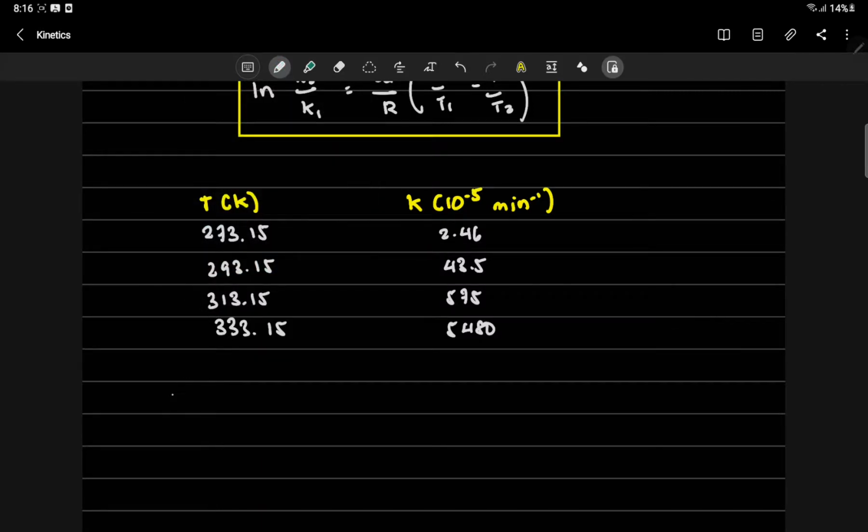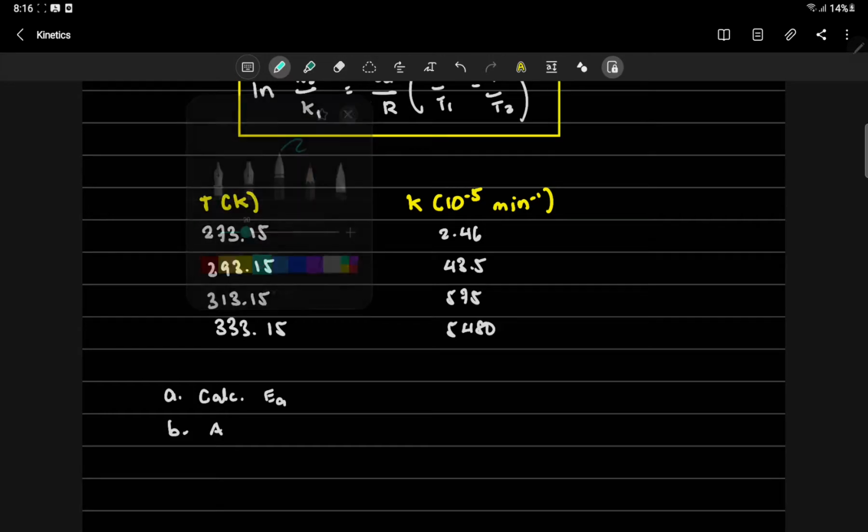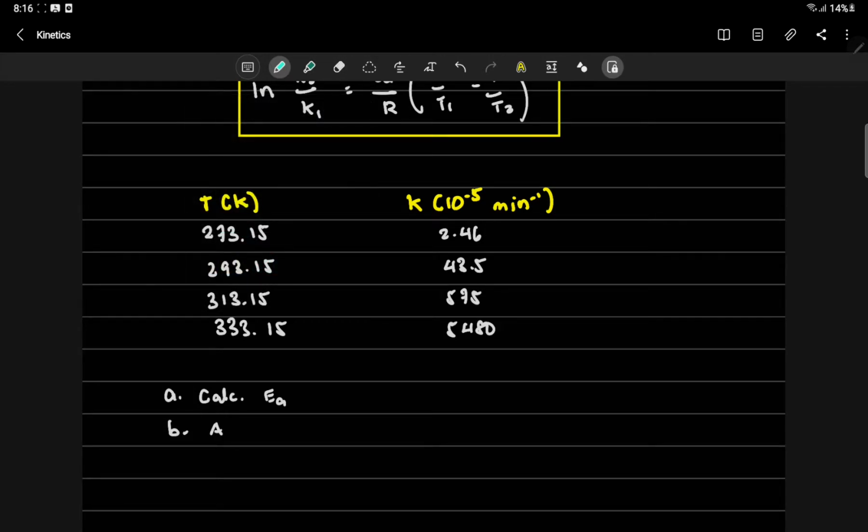So letter A, calculate the activation energy, and B, the collision frequency. Okay, so how do we do that? So, gagawin natin is, we have to plot 1 over T versus ln of K. So, kailangan natin makuha yung 1 over T or the inverse of temperature. And you will be getting the following values.